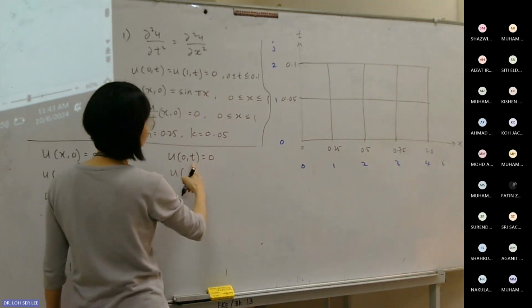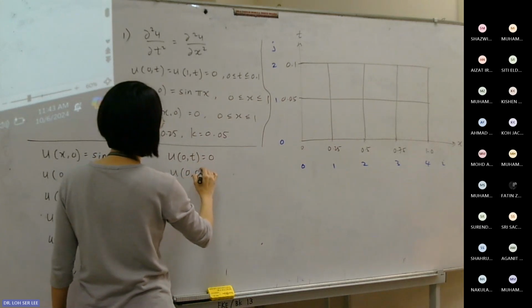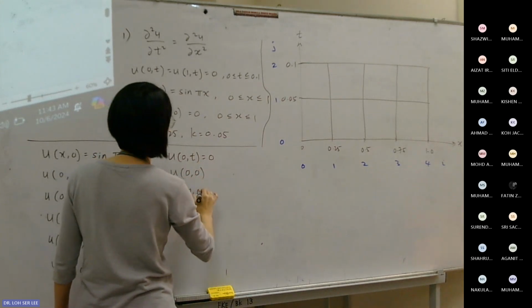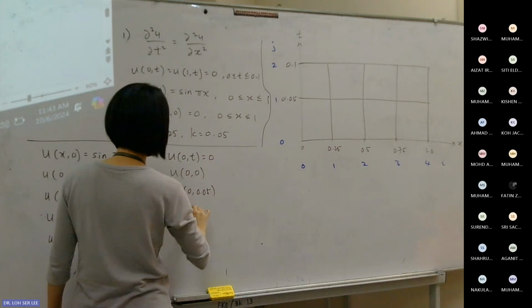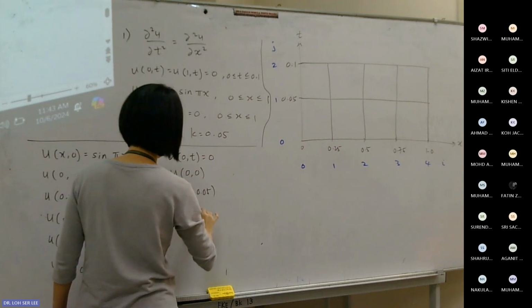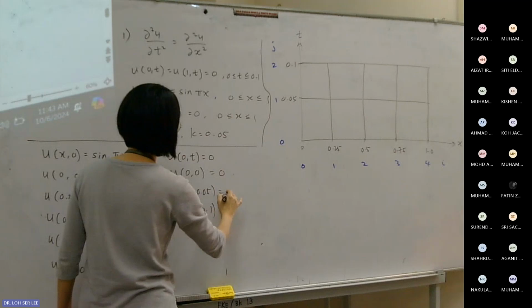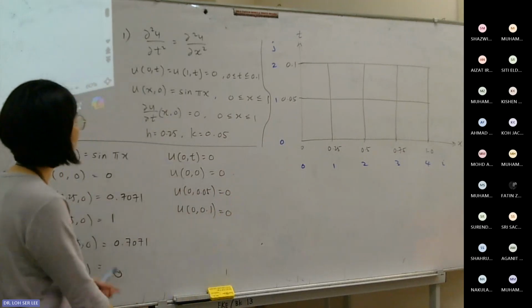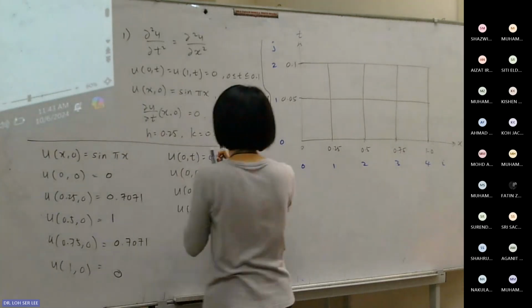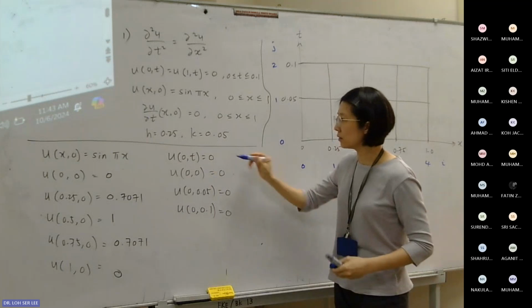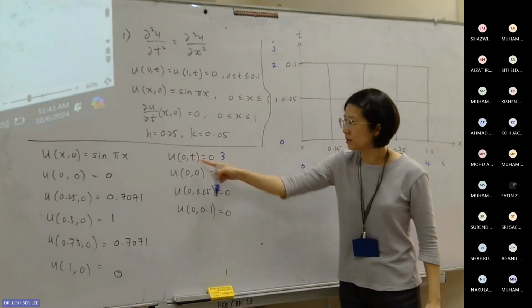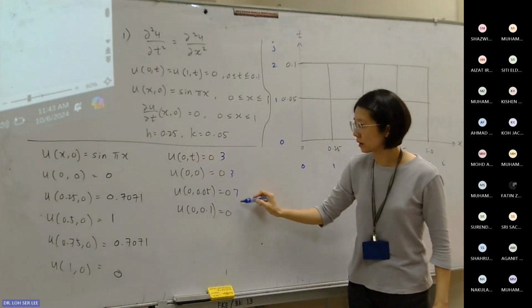Okay, when you have 3 different values for t, find 0, 0.1. All will be 0. Okay, and this may not always be 0. Let's say you are given 3. If this equals 3, that means all will be 3.